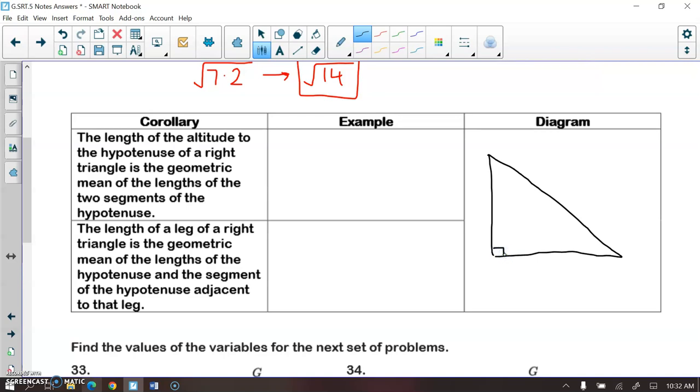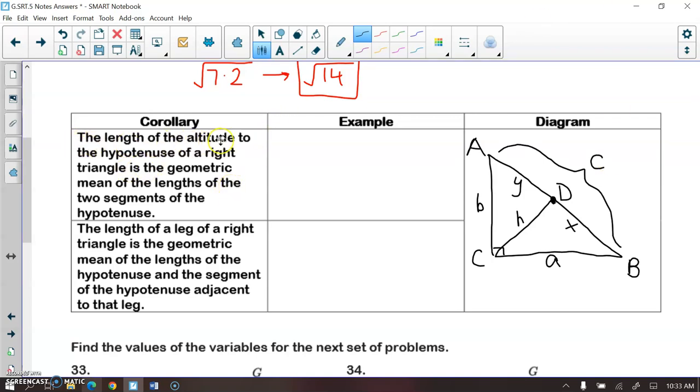I'm going to label it triangle ABC, or ACB actually. And then I had this altitude that created point D. And then using that figure in the last video, I have Y, I have X, I have B, I have H, A, and then this whole thing is C.